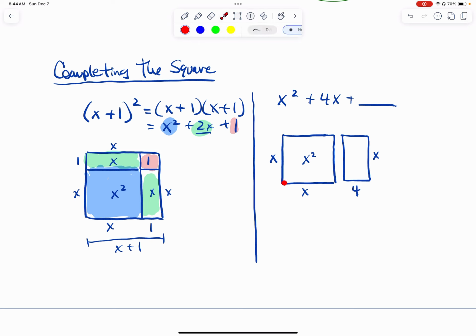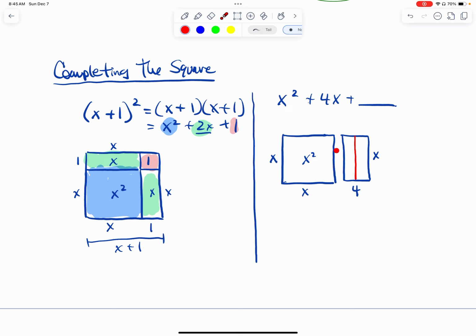Okay, so now what I need to do is I need to turn this picture into something like this diagram. What I have to do is I have to take this rectangle, this 4x rectangle, and I've got to divide it right down the middle so that I could put half of it on the right side of the x squared, and I put the other half of it on top of it.